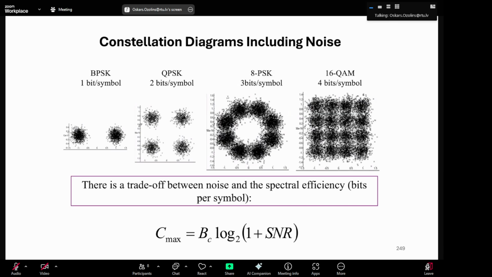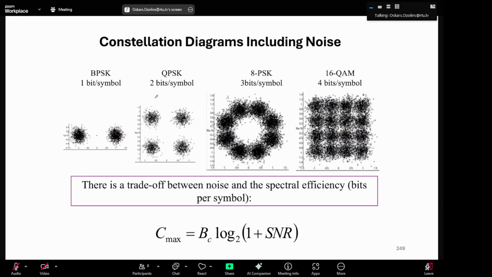From BPSK, which is like on-off keying, you have the same amplitude but two opposite phases, binary phase shift keying. Then you can have 1 bit per symbol.